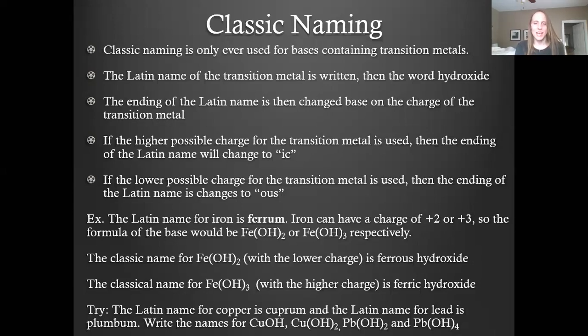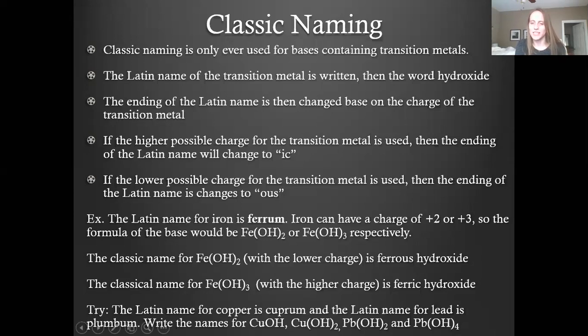For instance, iron's Latin name is ferrum, which is where the Fe comes from, and its 2 most common charges are +2 and +3. So that would be Fe(OH)2 and Fe(OH)3 respectively. Fe(OH)2 is the one with the lower charge because 2 is lower than 3, so it gets the ending -ous. Fe(OH)2 would be ferrous hydroxide.